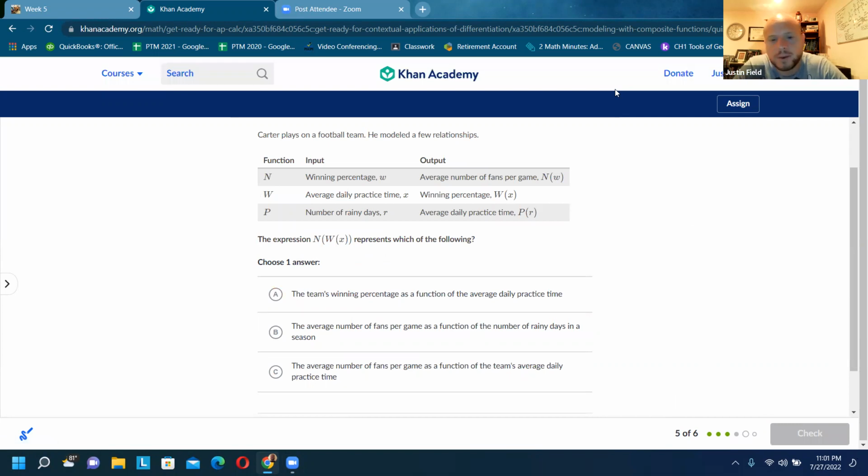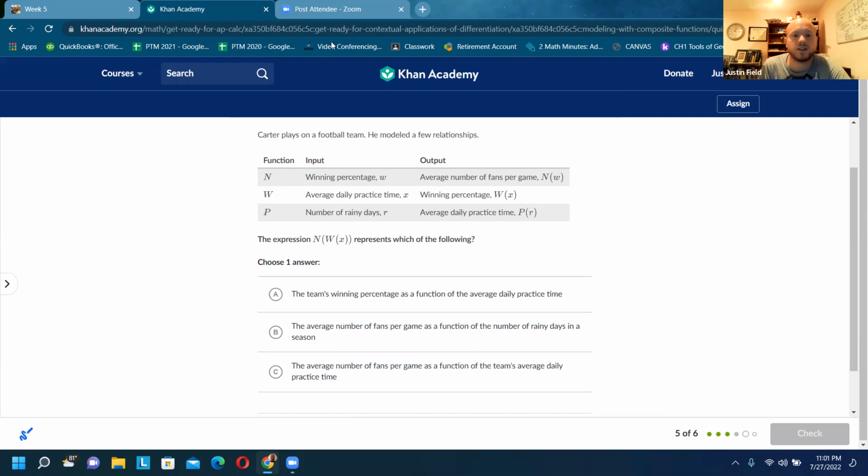Carter plays on the football team. He modeled a few relationships. The expression N of W of X represents which of the following? Okay, so W of X. What is W of X? The winning percentage. Is that right? So W of X is the winning percentage.